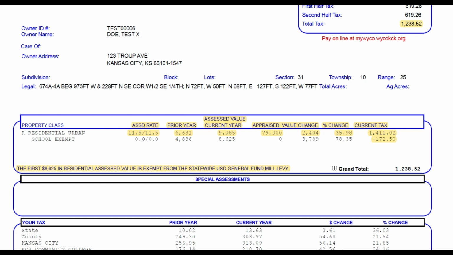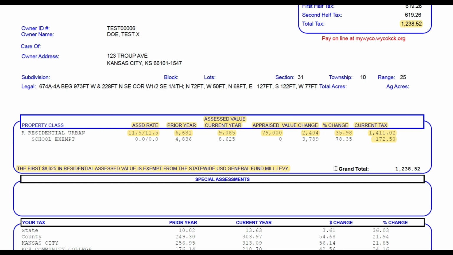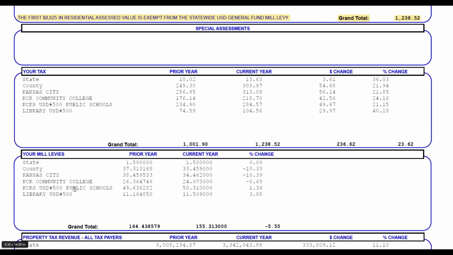As long as a home has an appraised value of at least $40,000, it will receive the $172.50 exemption. In this case, the exemption will lower the grand total to $1,238.52.